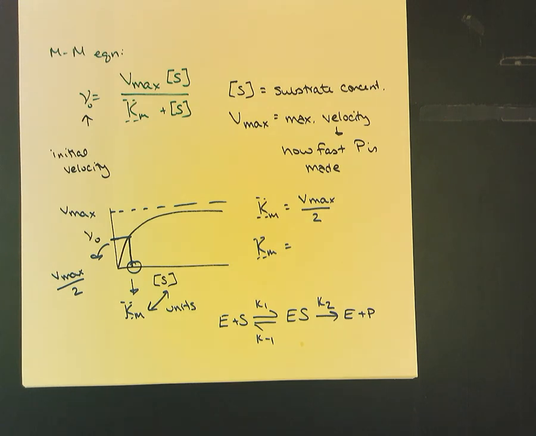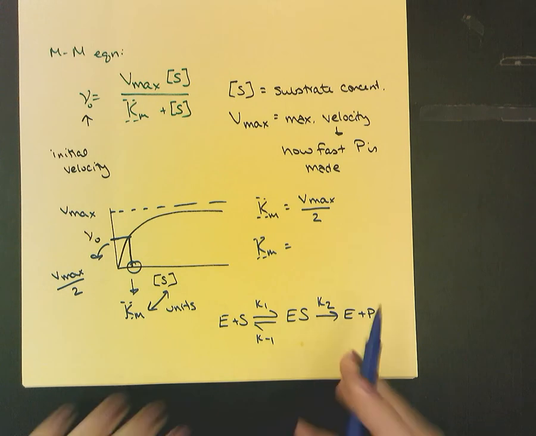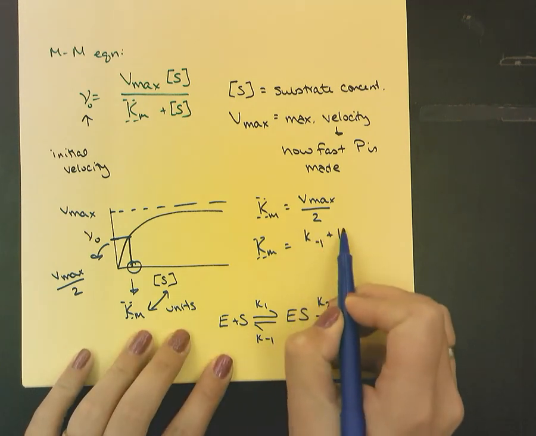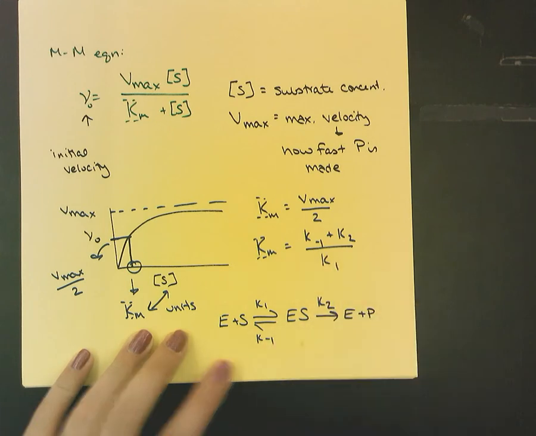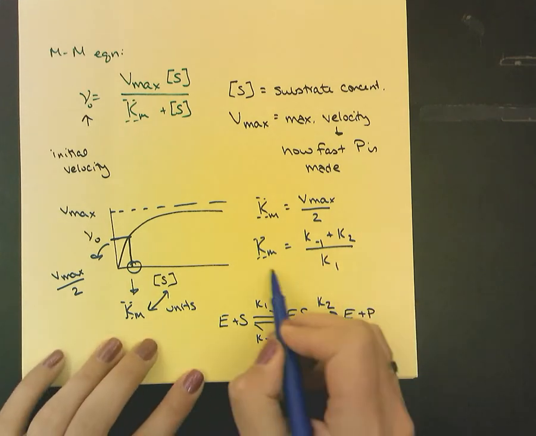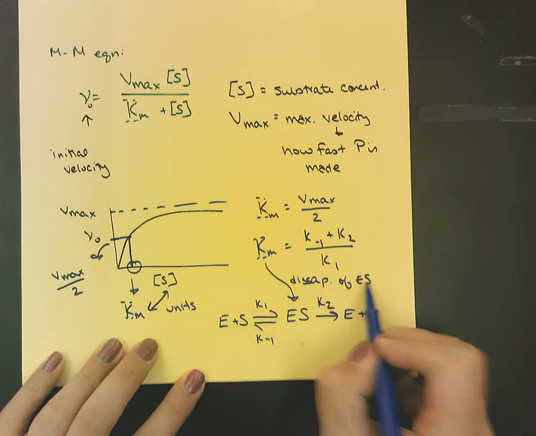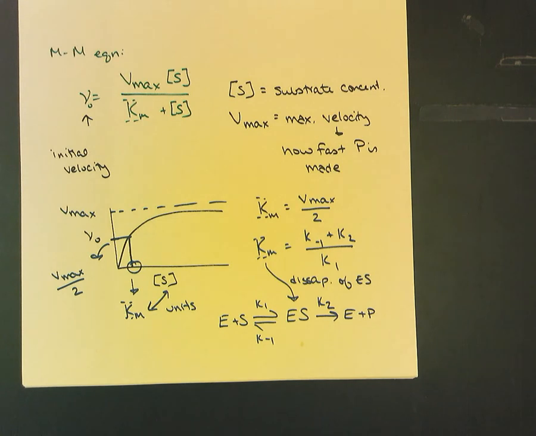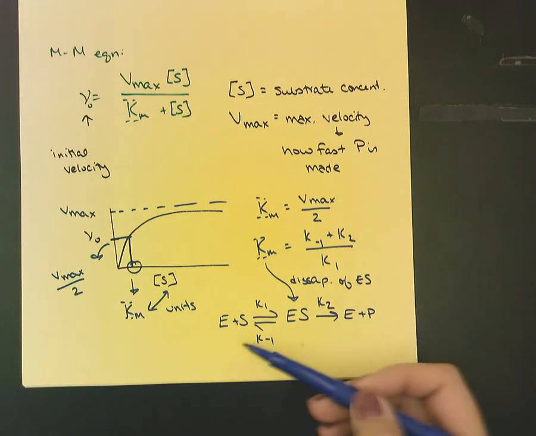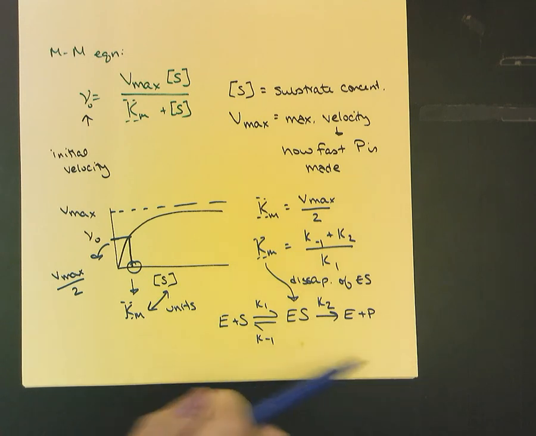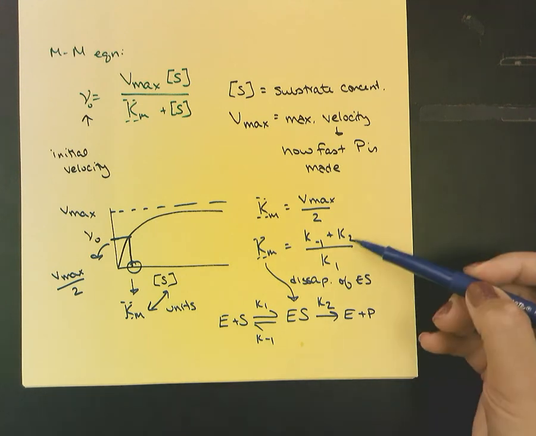Okay, Km is defined as the rate of disappearance of ES. So, what are the two ways that ES could break down? Those go in the top. So Km is a measure of the disappearance of ES. So if Km is measuring the disappearance of ES, there's two ways it could disappear. It either breaks back down to E plus S, or it goes forward to E plus P. So those would be on my numerator.